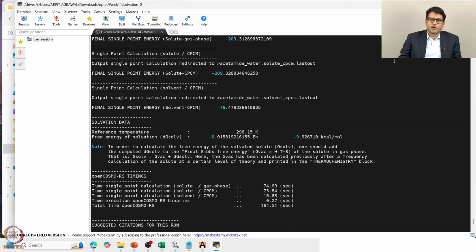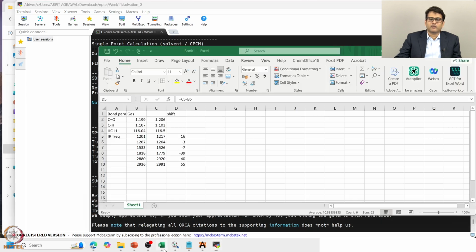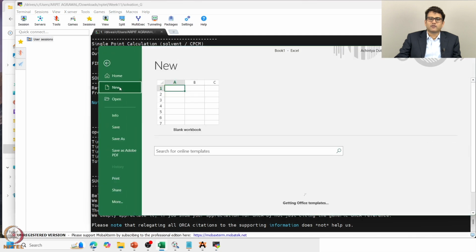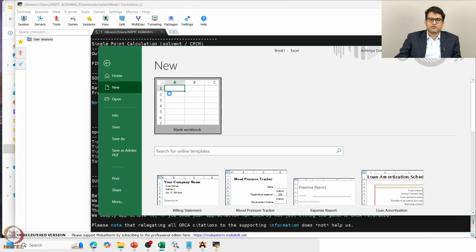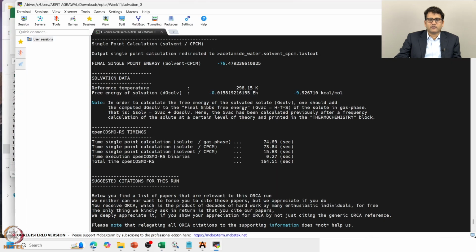Remember, we have done the optimization in the gas phase. So, the only difference between these two is the change in the free energy of solvation, that is this one. So, if I use a calculator, or maybe I should use a new Excel sheet. So, this is in water.